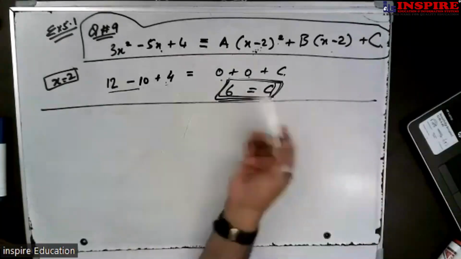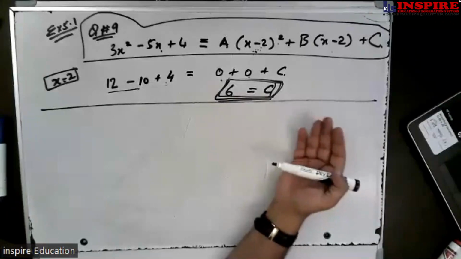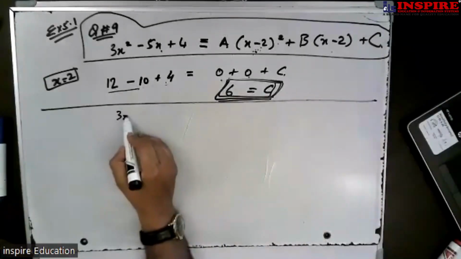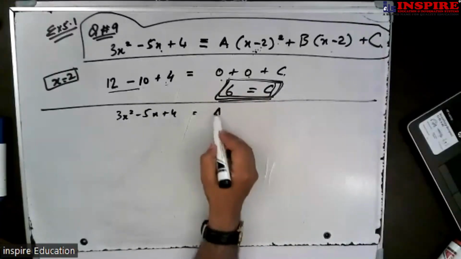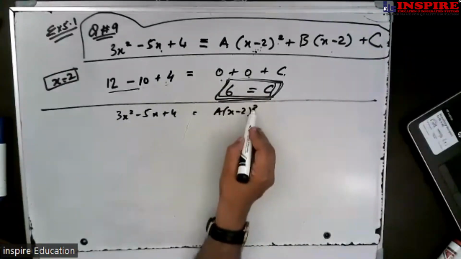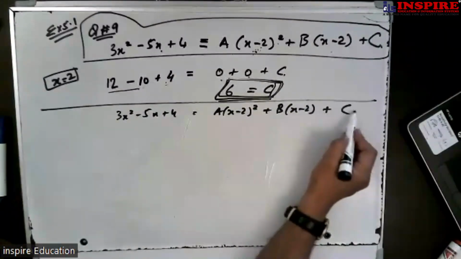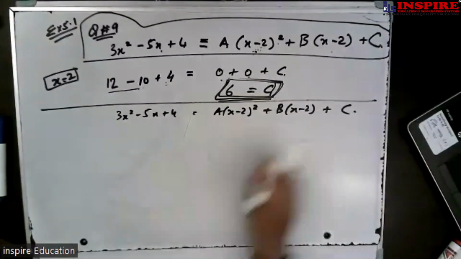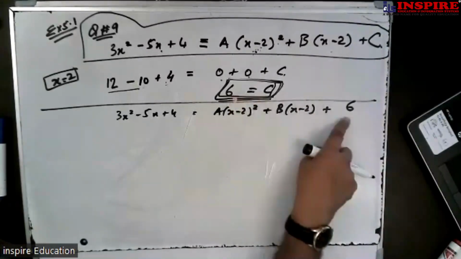Listen to this very important thing now. I have my c. So 3x squared minus 5x plus 4 is equal to a into x minus 2 whole thing squared plus b into x minus 2 plus c. Now the c has been replaced by a number called 6.